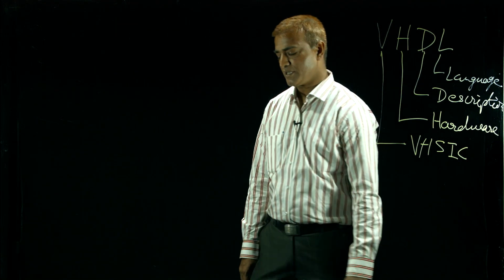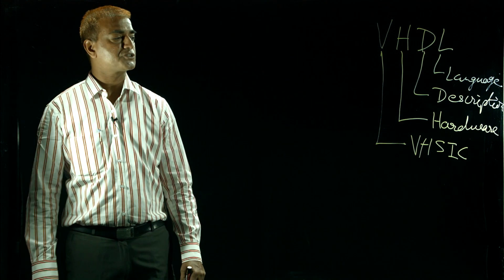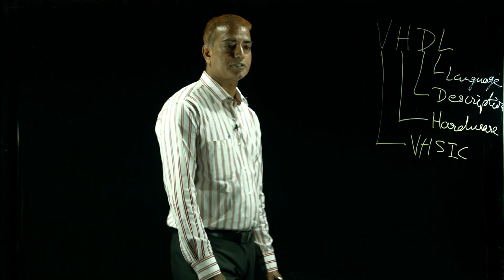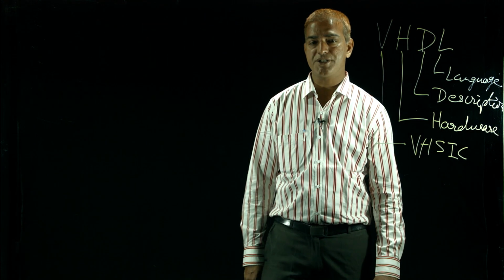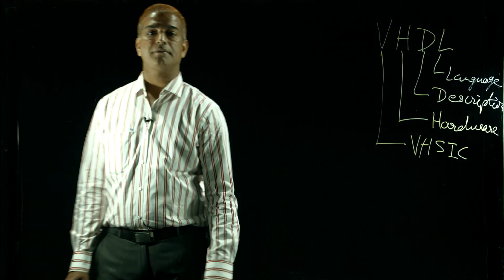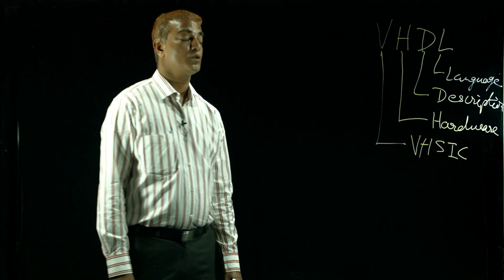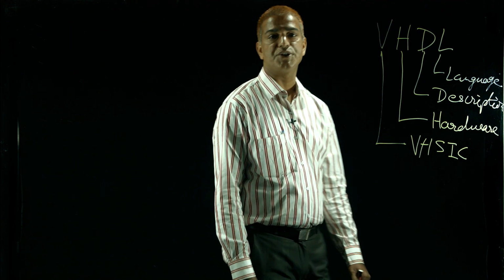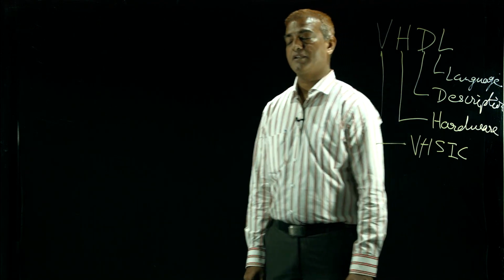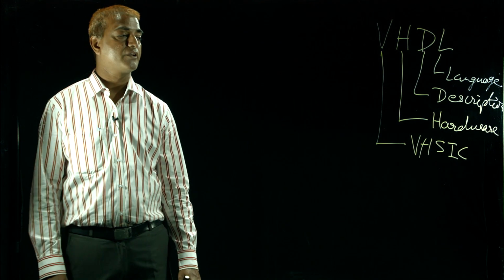Whereas in sequential languages like C, C++, the statements run sequentially. Whereas in VHDL, the statements can run concurrently, or as we call it, in parallel. So concurrency is the major feature of the VHDL language, and because of that, VHDL is compatible for hardware designing.